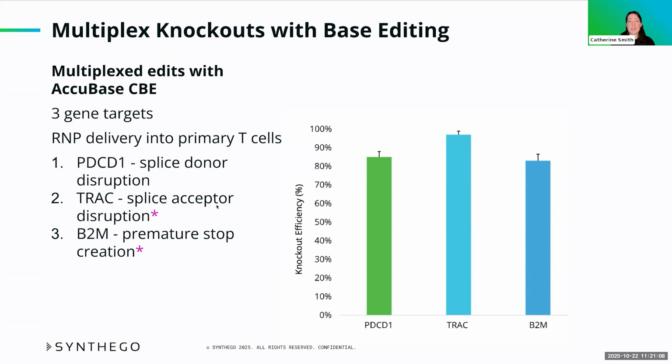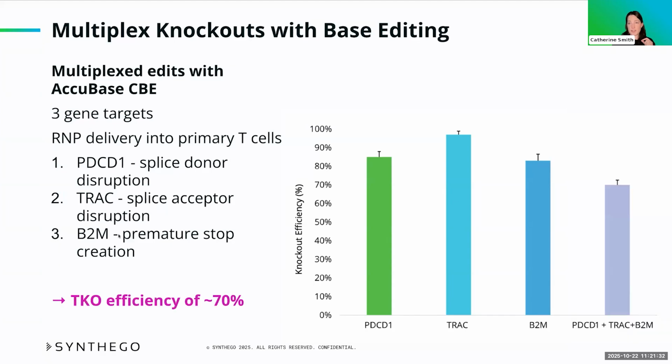I want to note here that some of our earlier guide RNA design examples were not theoretical. The guide RNA design that I showed as an example for splice site disruption and the guide I showed as an example for premature stop codon creation were actually the guide designs that were used to deliver these highly effective knockout edits in primary T cells.